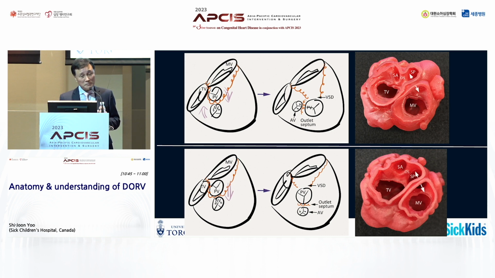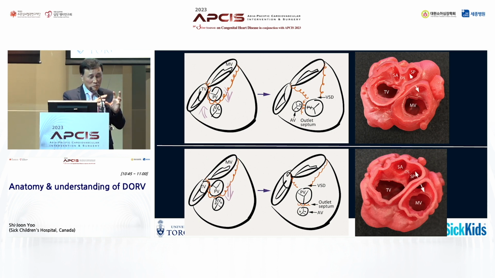I think already 15 years. Okay. So you can see the outlet septum orientation well enough, right? The other way to make a subpulmonary VSD is that everything is moving forward. And then you have VSD left behind, outlet septum forward, and then outlet septum is parallel with the rest of the ventricular septum. So there are two different pathologic orientations.